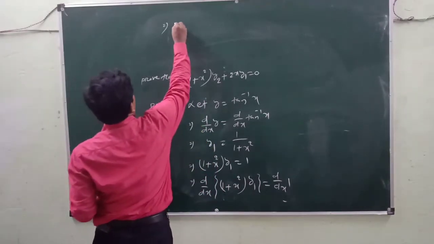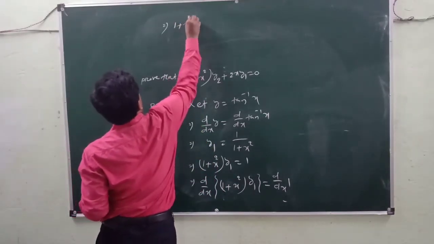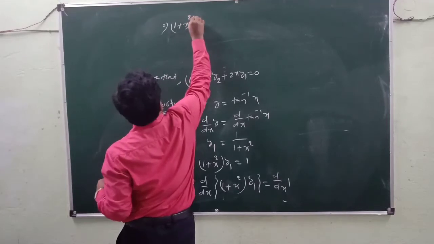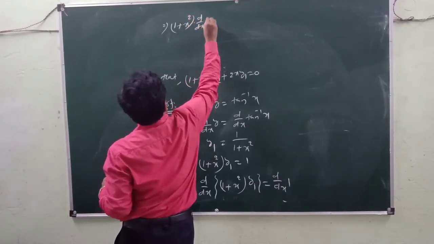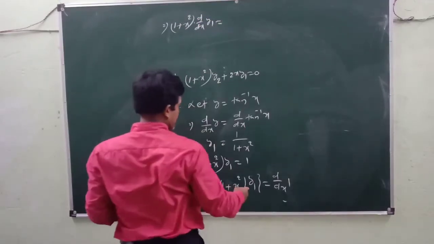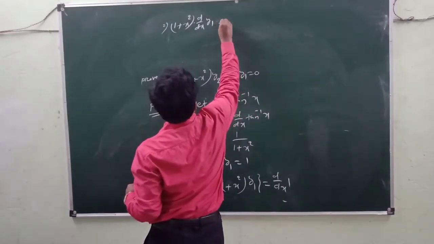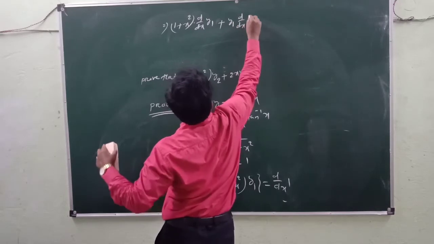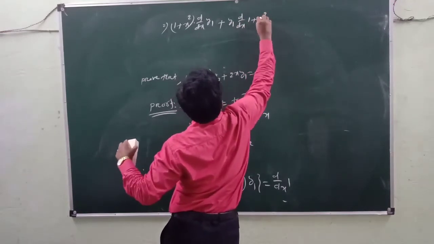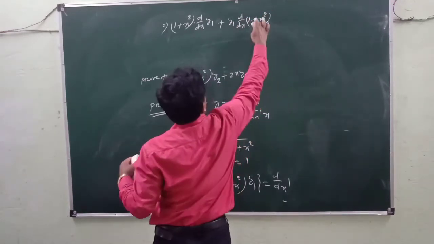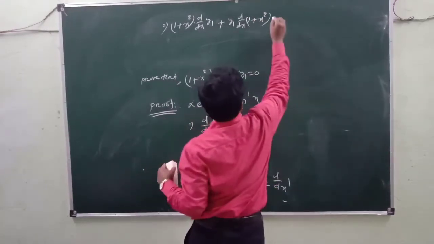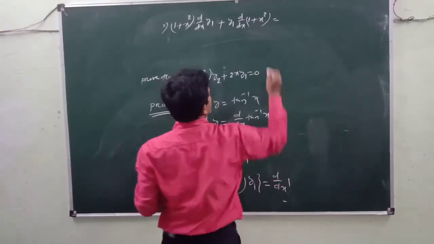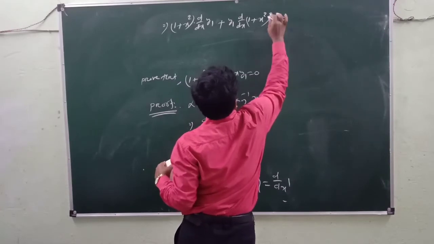So 1 plus x square into d by dx of y1 plus y1 into d by dx of 1 plus x square, equal to, on the right side, the derivative of 1, which is 0.